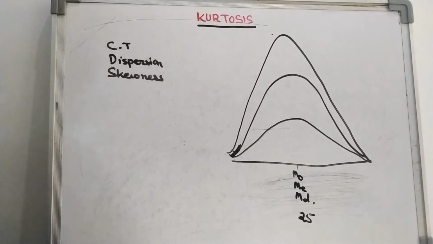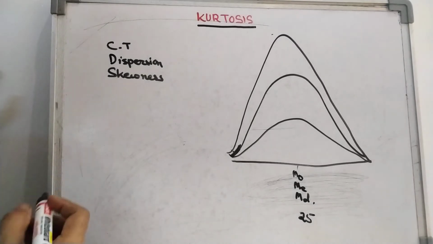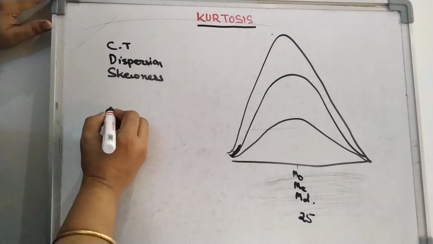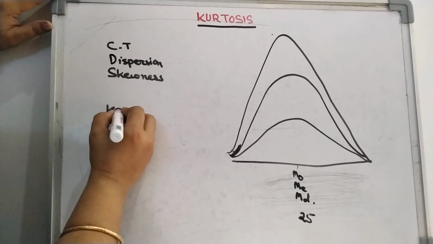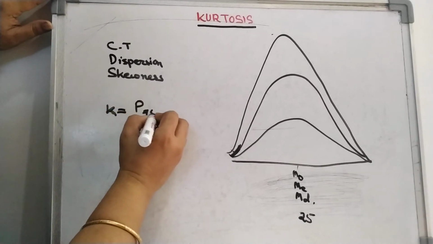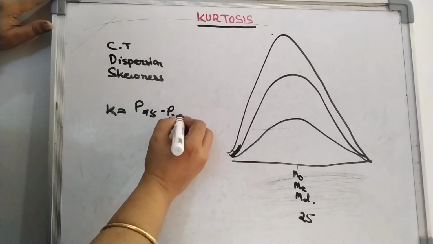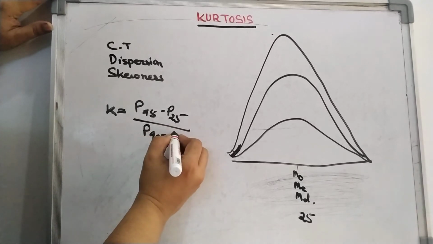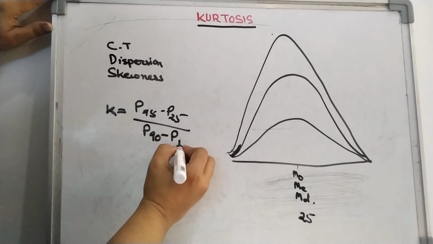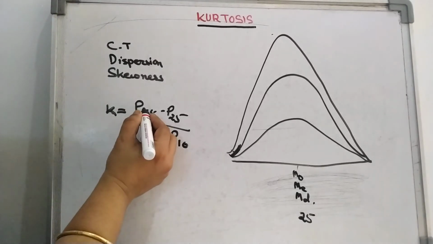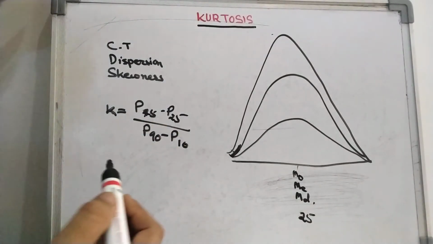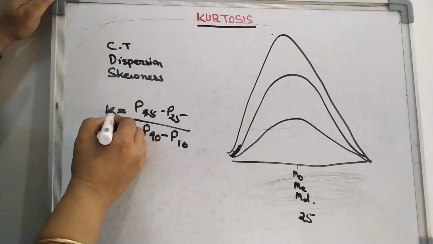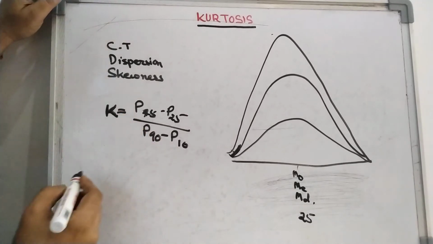Okay, or you can find kurtosis by a mathematical method based on percentiles, which is given by Kelley. So kurtosis is equal to P75 minus P25 divided by P90 minus P10. So this is the formula given by Kelley. Okay, so if you apply this formula, you will get the value of kurtosis.